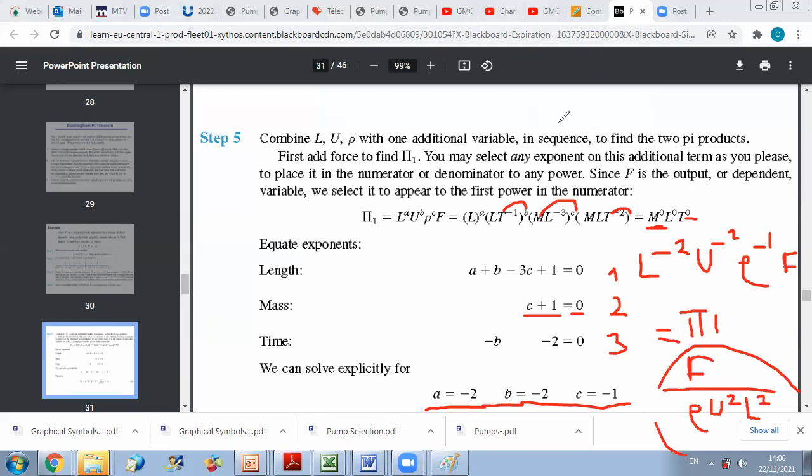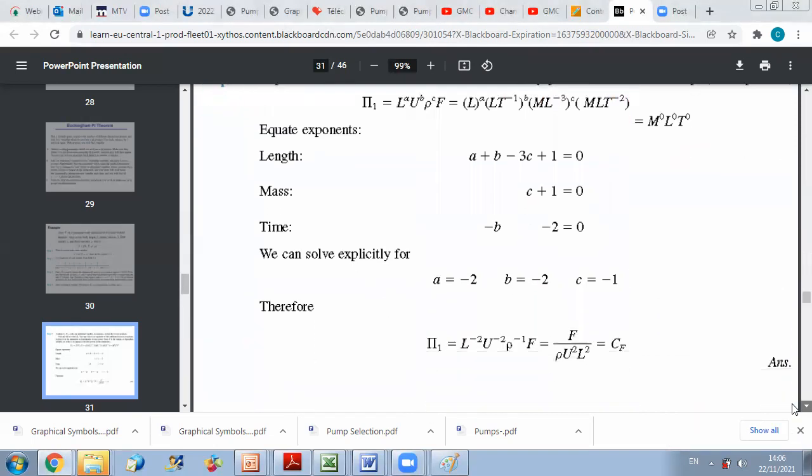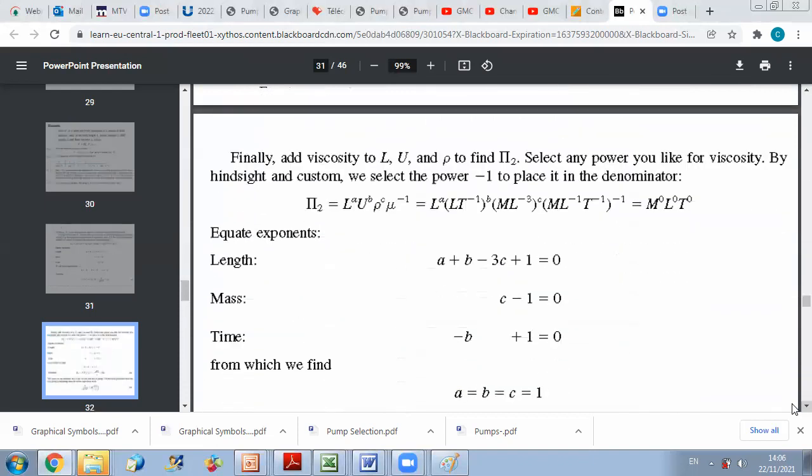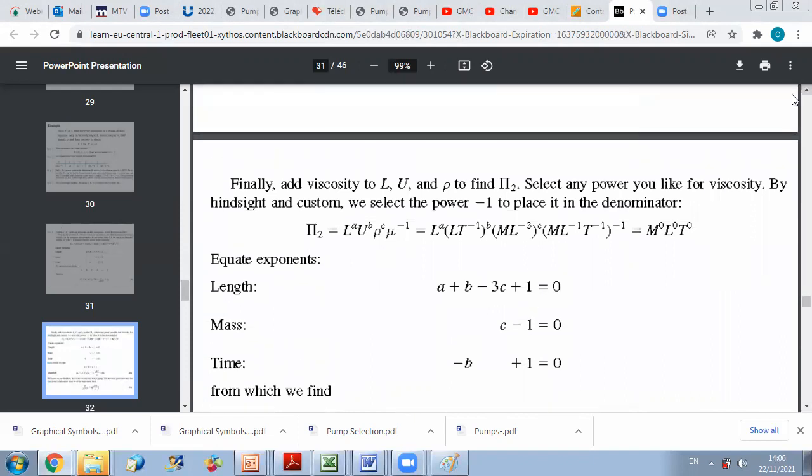Now, the second group is formed with viscosity. So for viscosity, can someone tell me what is the expected group? What will be the expected group with the mu? What is the dimensionless number that we said is always present for flow?